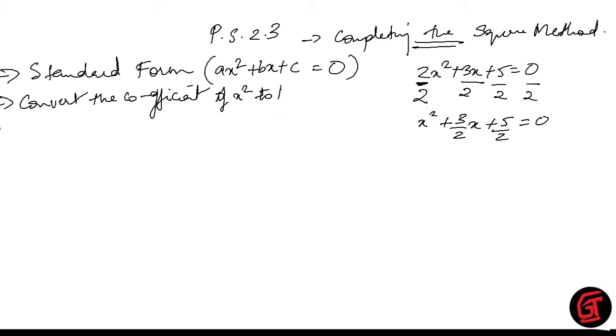Then the next, third one: completing the square method. Why do we do completing the square method? There are many types of sums where we don't get the answer by factorization method, or by any other type of method. That's the reason we use completing the square.